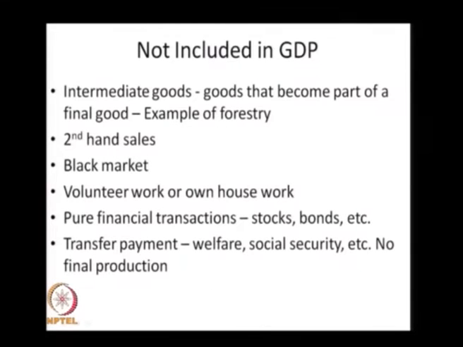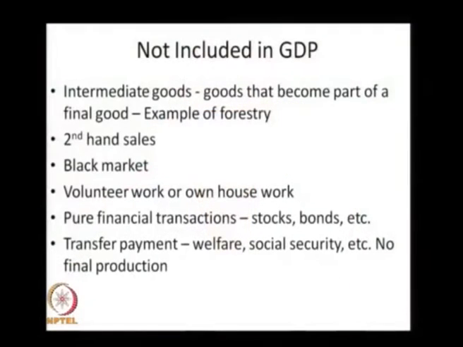Now, when we calculate the GDP of a country, there are different things we should keep in mind. What actually constitutes the GDP? We need to remove the intermediate goods, because intermediate goods become part of the final good that is being sold.